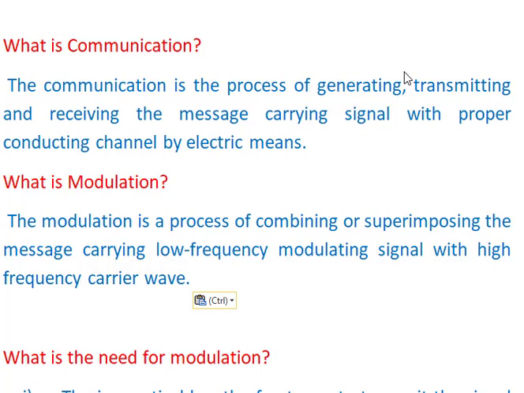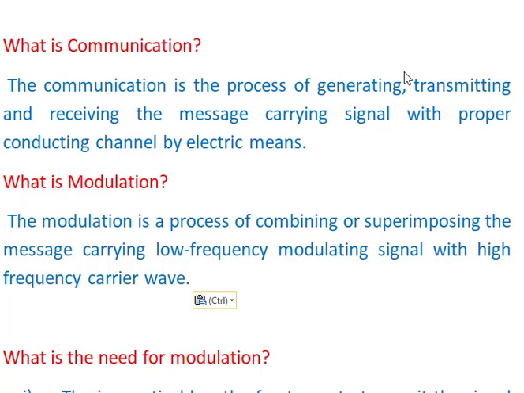This voice, music and other data are converted into electrical signals in the transmitter unit, and then they are transmitted through the conducting channel, through wires or through the air or through different waves, through Wi-Fi, Bluetooth or anything, by electric means. This type of process is known as communication.